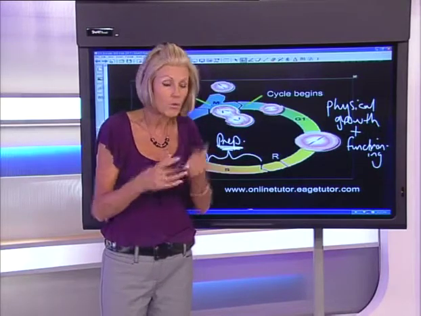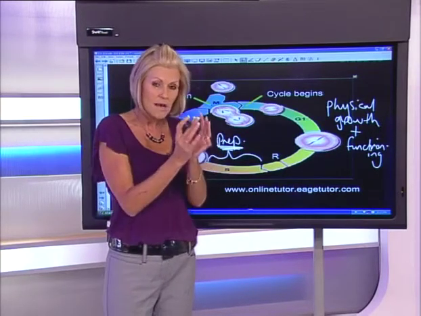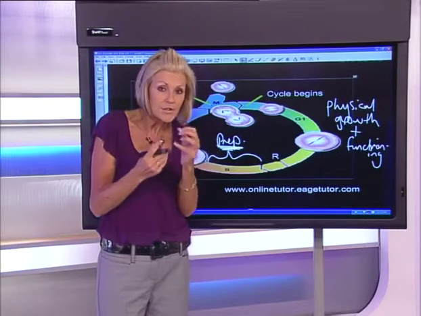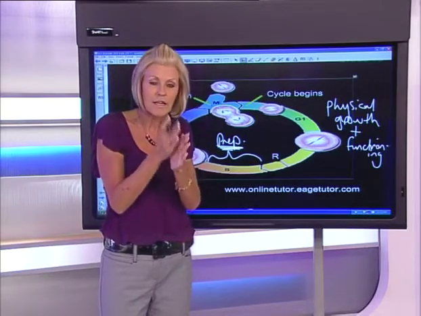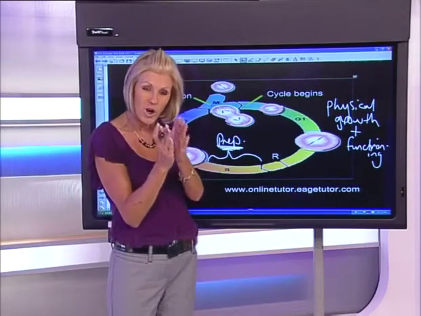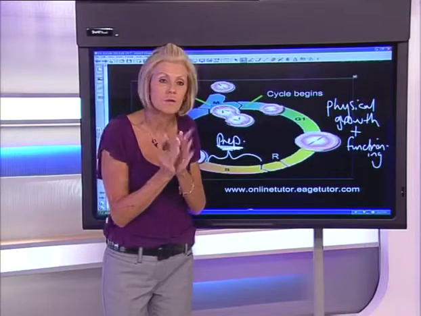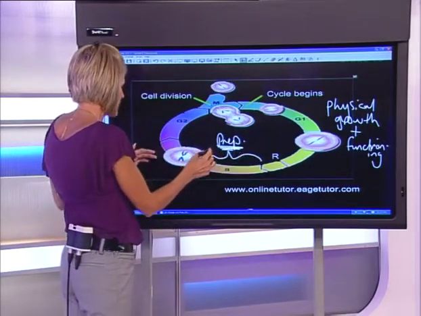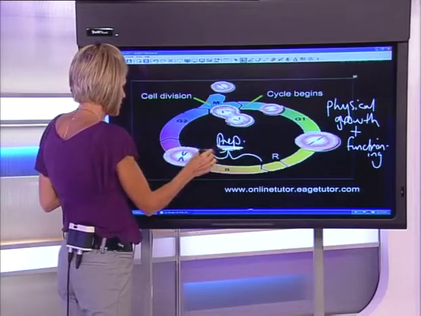All right, so what have we got? We've got all this prep, and we've got to get all the stuff into the cell so that that cell can duplicate and make sure that there are copies of the chromosomes. All right, so this is the preparatory stage, and it carries on, and we've now duplicated.